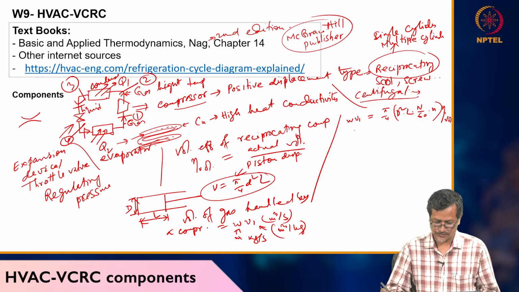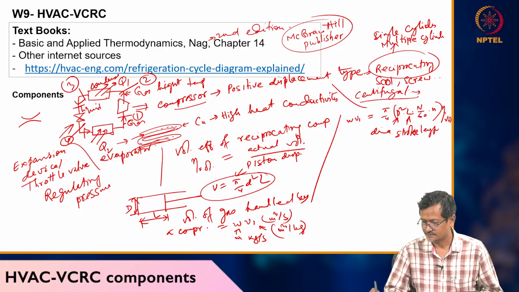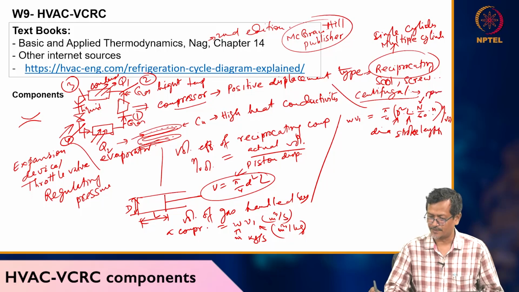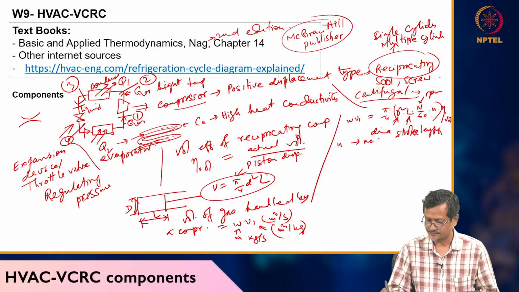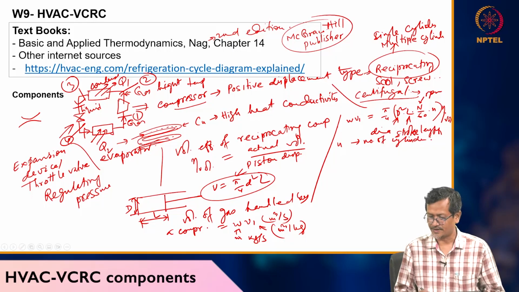Here D is the cylinder diameter, which I have already shown in the figures, and L is the stroke length. Capital N is RPM, revolutions per minute. Small n is your number of cylinders, and eta volume, we already defined, is the volumetric efficiency.